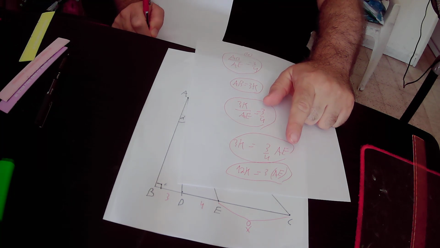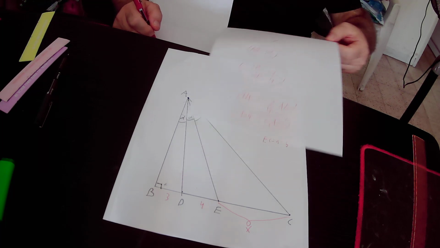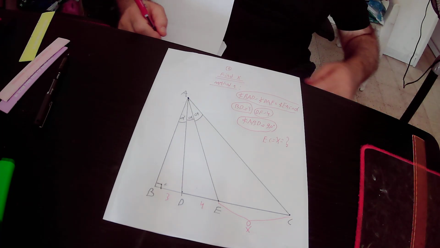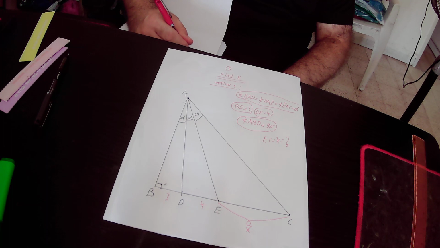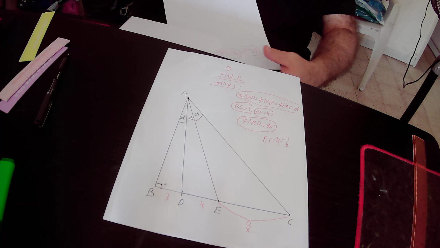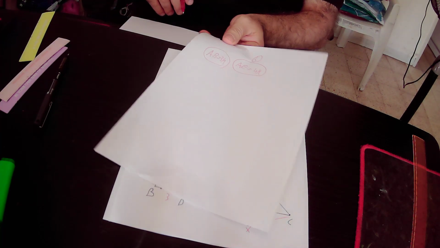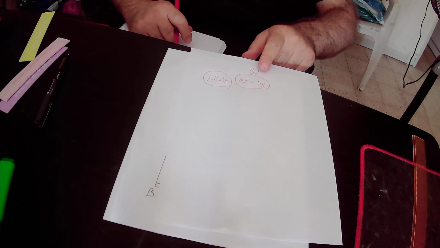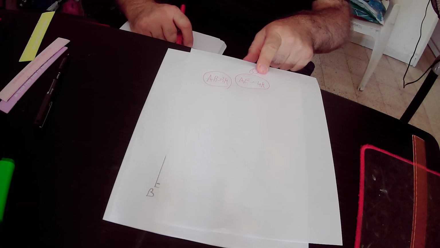So actually we found out that if AB equals 3K, then AE will be equal to 4K. Okay?